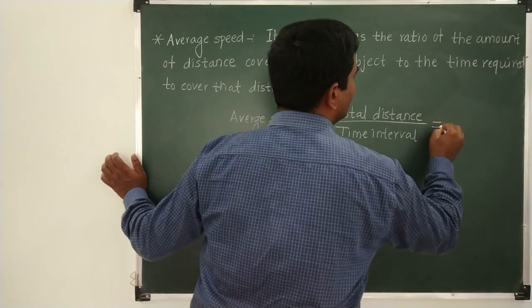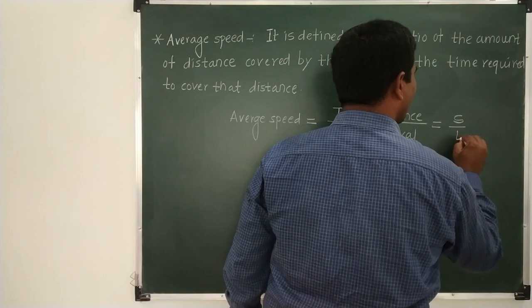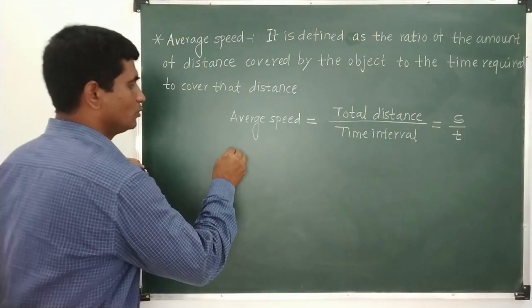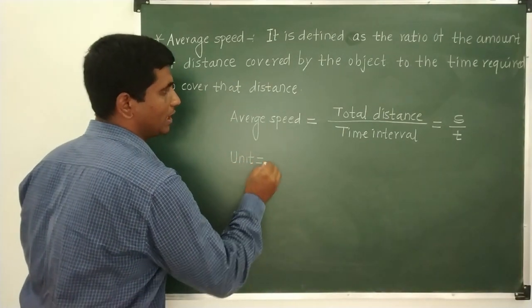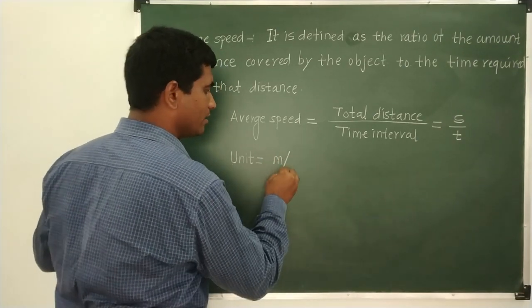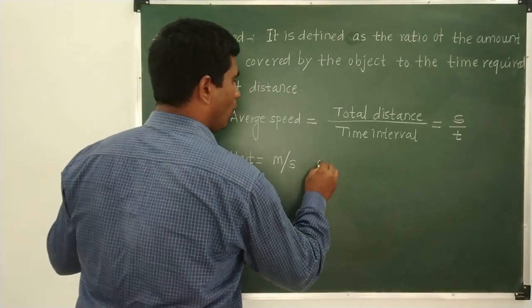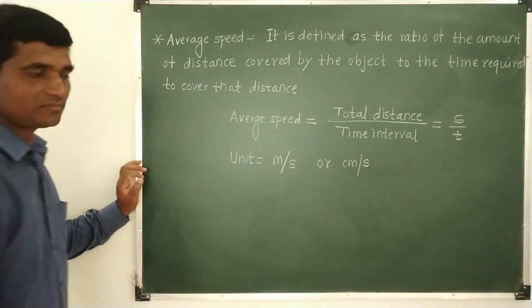If I denote the total distance covered by the object by symbol S and time by T, then it is S by T. If I ask you to find its unit, it's very simple. We know that distance is measured in meters or centimeters, and time is measured in seconds. So the unit is meters per second, or in CGS unit, centimeters per second.